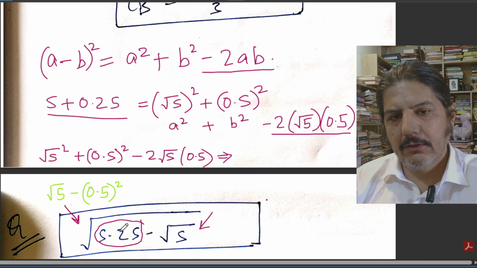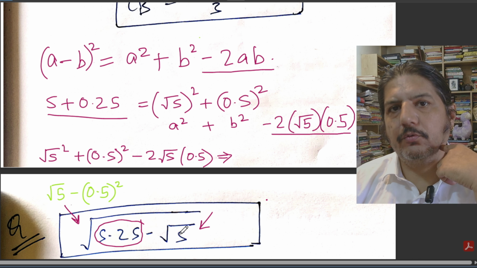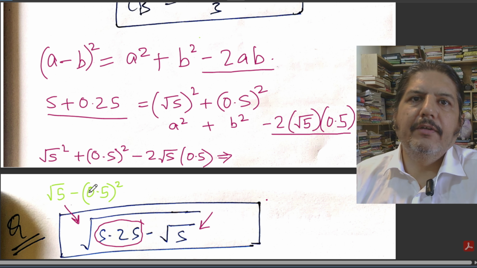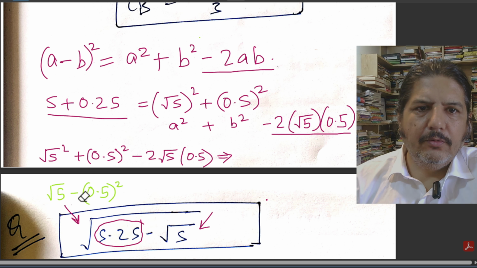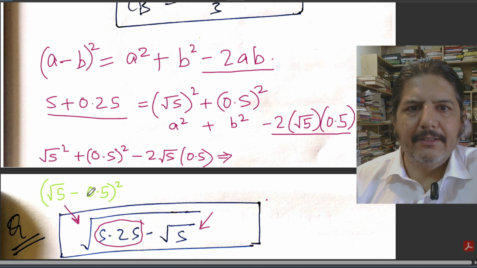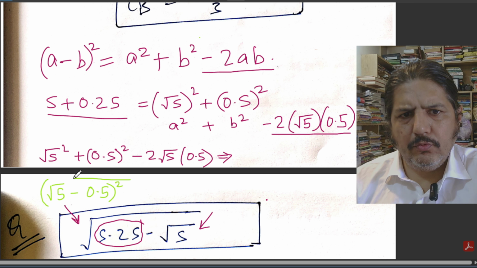So basically this expression 5.25 minus root 5 is equal to root 5 minus 0.5 whole square. I'm sorry, I should be writing this like this, square. And then there is a square root, which is this square root. So my answer for this is root 5 minus 0.5. This is my final answer.